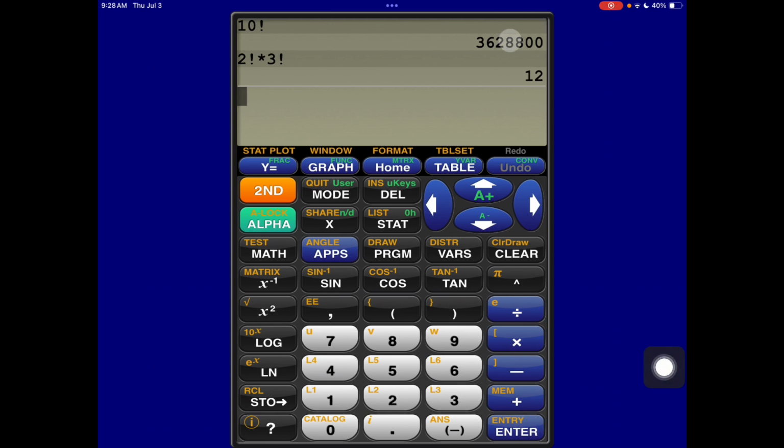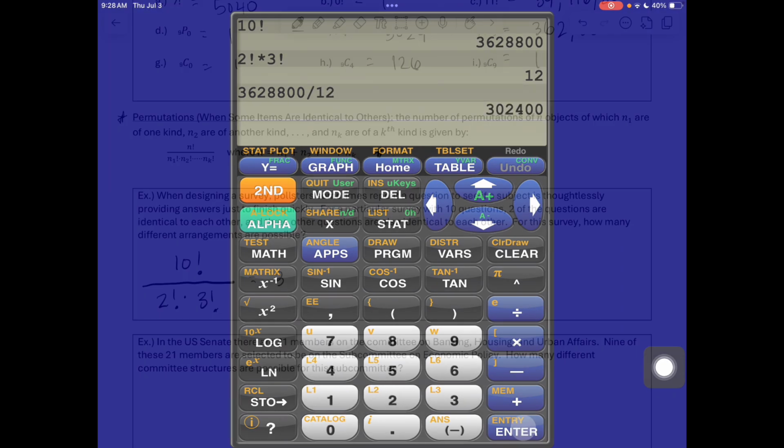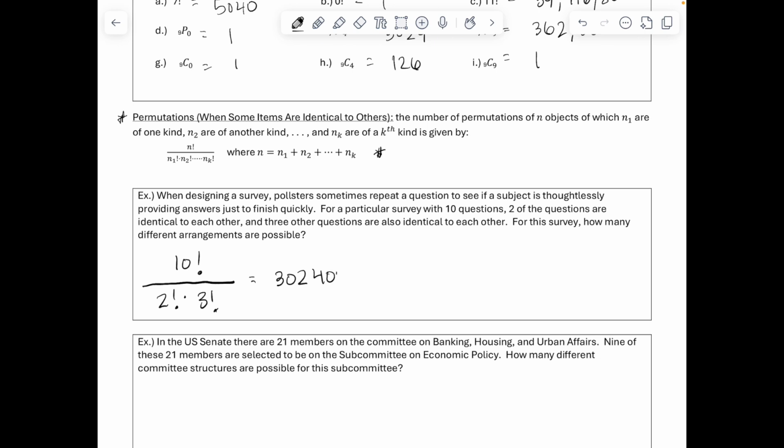So now I'm going to divide my numerator. I can highlight that number and select enter, or you could just retype it, and then I'm going to divide it by 12. When doing this, I get my answer. We're going to end up with 302,400 different arrangements for a survey.